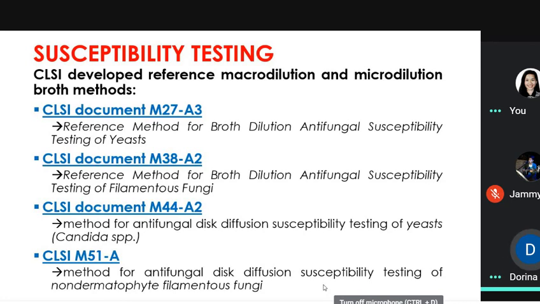Paano yung susceptibility testing natin sa bacteria noon? Paano yung preparation ng bacteria mo? Okay, so magpre-prepare ka ng bacterial culture mo sa broth. Okay, and then, wag smear, smearing is only done on a slide.